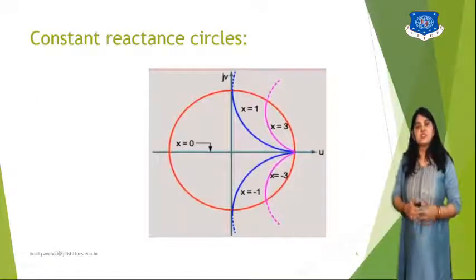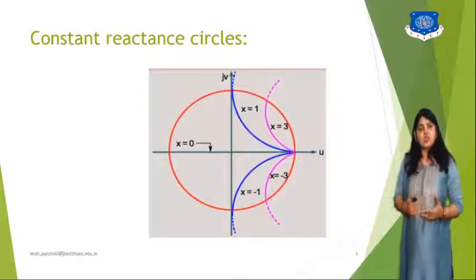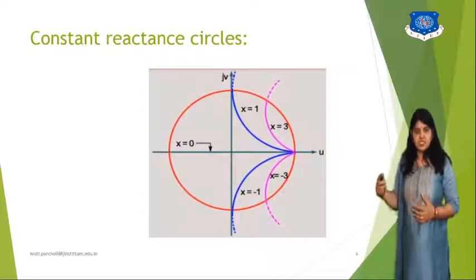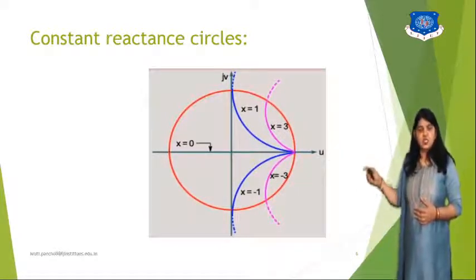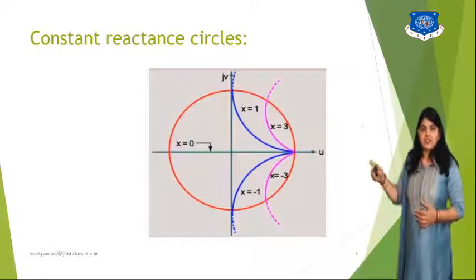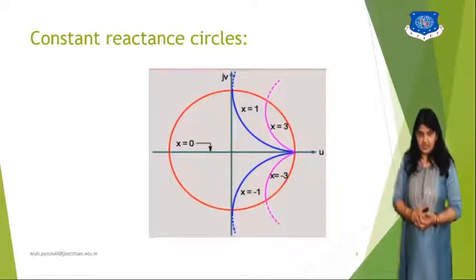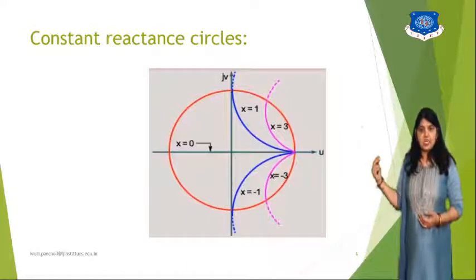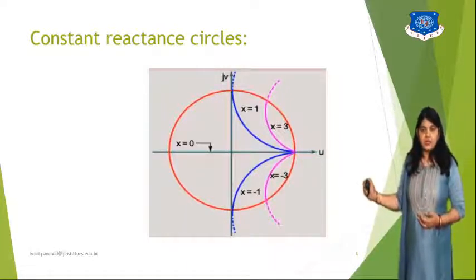Next is the constant reactance circle. You can see the various curves, which are the constant reactance values. In the upper part it is x equal to 3, x equal to 1. In the lower part it is x equal to minus 3, x equal to minus 1.